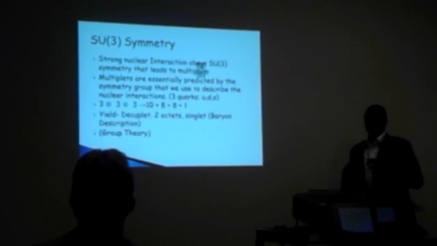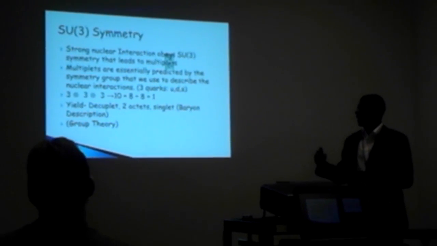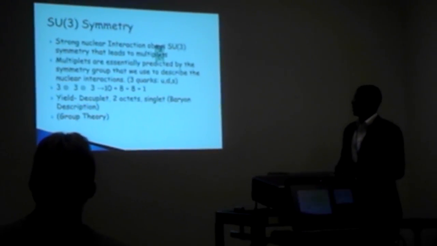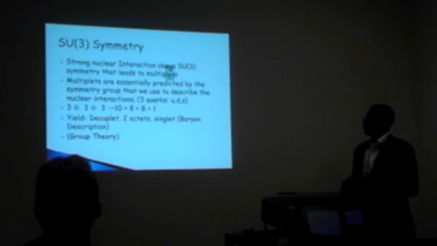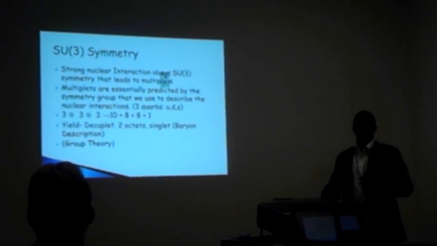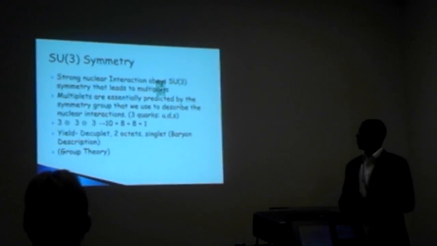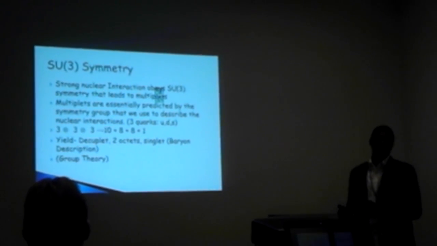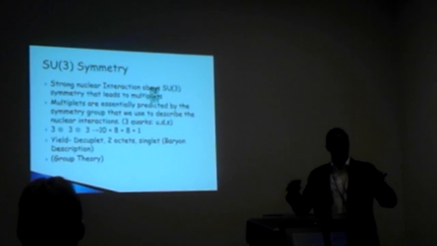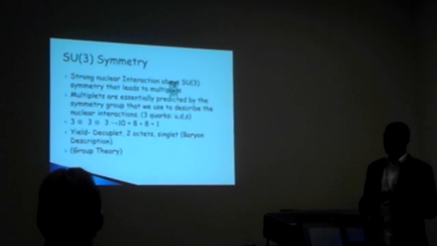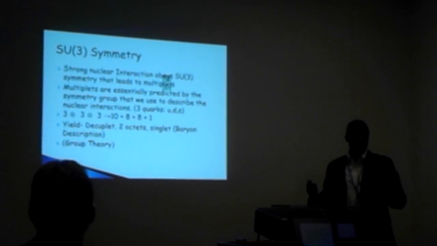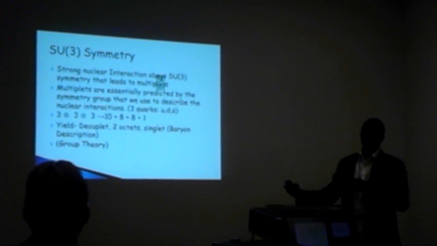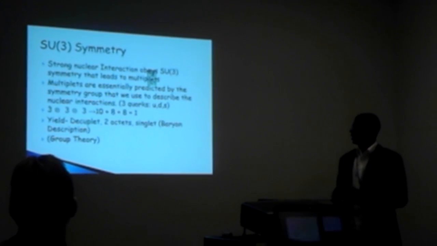So based off the QCD Lagrangian and the SU3 symmetry, the SU3 symmetry is the strong nuclear interaction, which obeys the SU3 symmetry that leads to the multiplets. Based off the arrangement of the different multiplets, the decouplet and the octet, we look at the symmetry of the QCD Lagrangian.